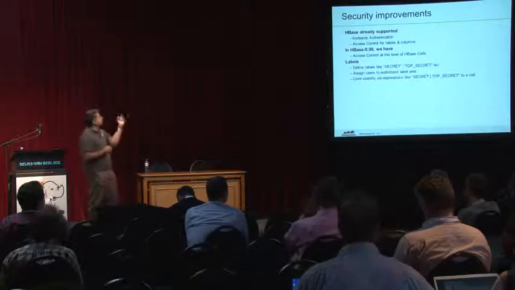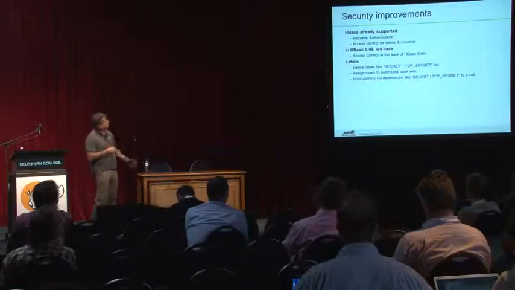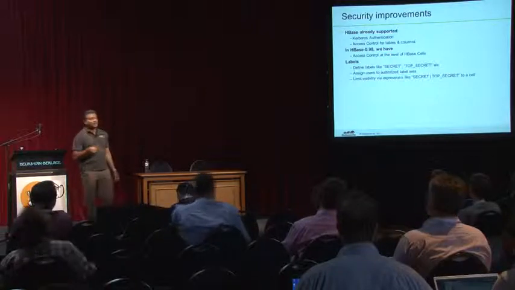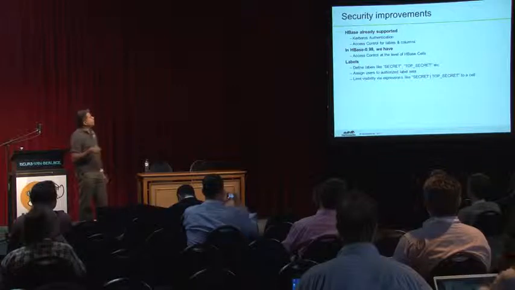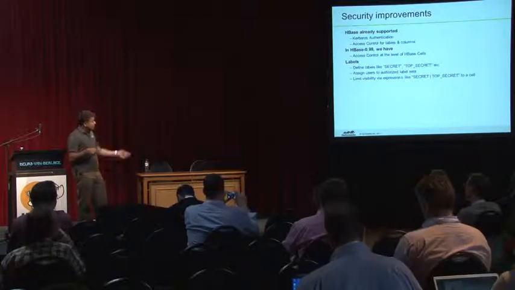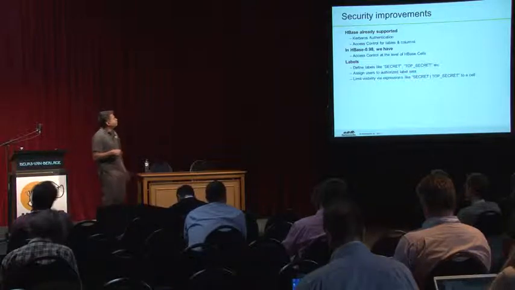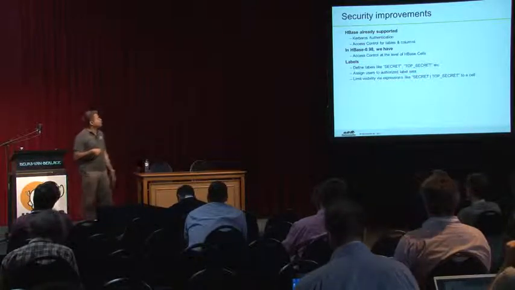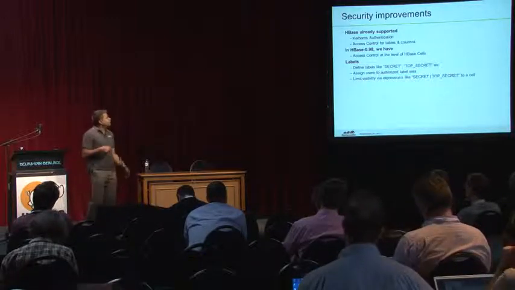Okay, a quick update on security. HBase already had Kerberos authentication and access control at the level of tables, column families and column qualifiers. In HBase 98, access control at the level of HBase cells was introduced. This is very close to how Accumulo implements cell level security.